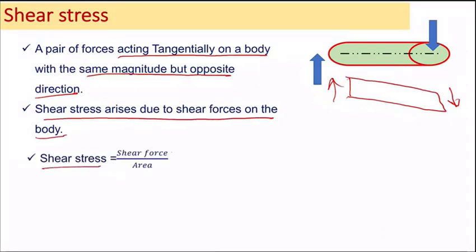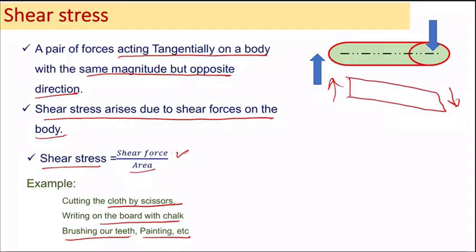Shear stress can be calculated as shear force divided by original cross section area. Examples: cutting cloth with scissors, writing on the board with chalk, brushing our teeth, painting. These are the best examples for shear force application.